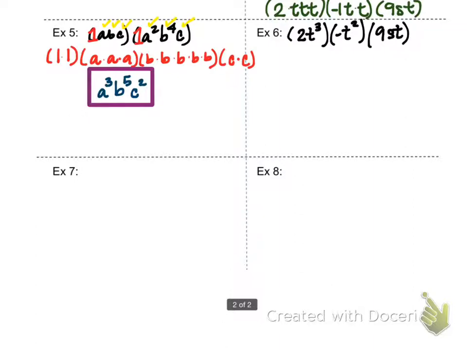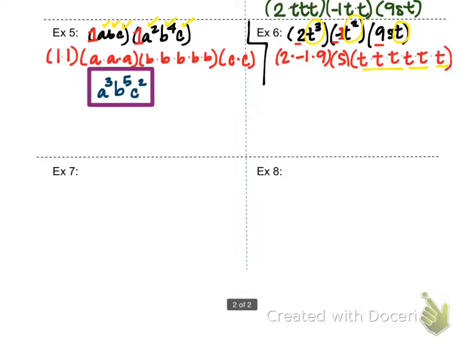And then I can go ahead and organize my coefficients in one section, my t's in another, and my s's in another. So my coefficients are 2, -1, and 9. And then I'm going to organize my s together, since I only have one of those. And then I'm going to organize my t terms together. So I have 3 t's for the t to the third power.